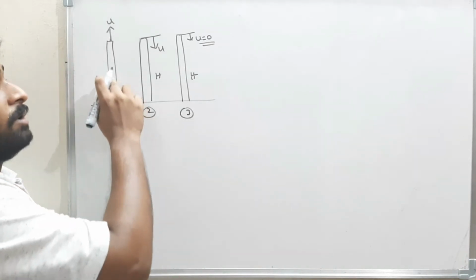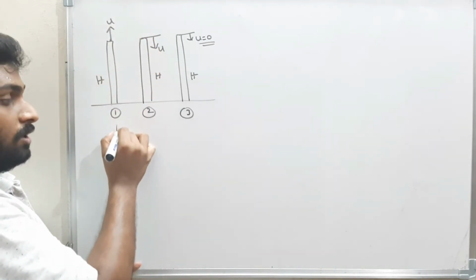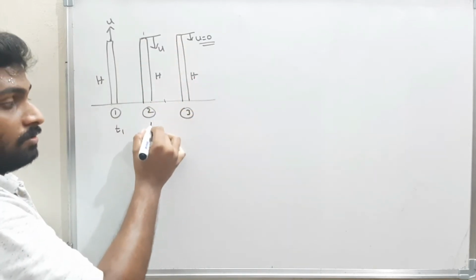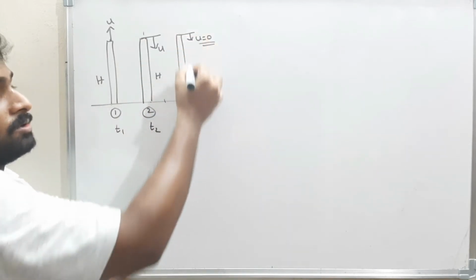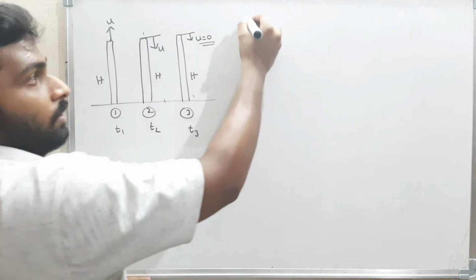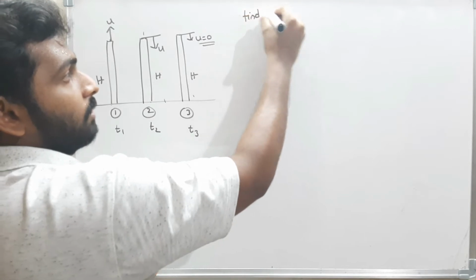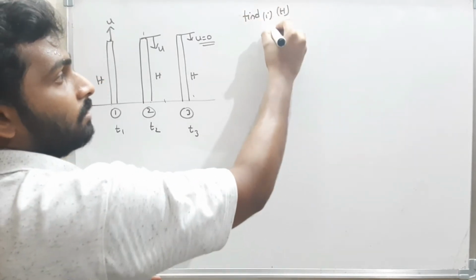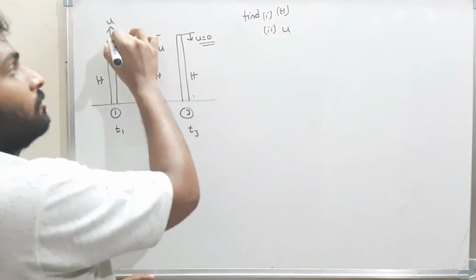Now, here the time taken by the body to reach the ground is t1. Here the time taken by the body to reach the ground is t2. Here the time taken by the body to reach the ground is t3. Now they told to find h. Second one, they told to find the initial velocity of the body u.